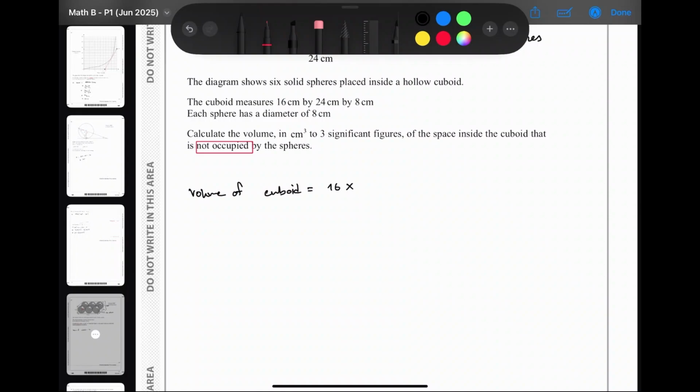All the lengths of the cuboid are given, so we can multiply and find the volume. Now since we know the radius, we can find the volume of the spheres too.